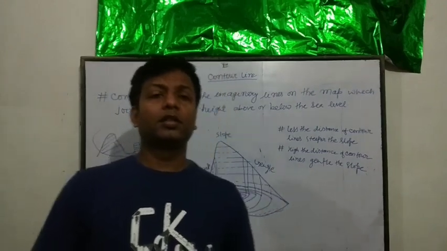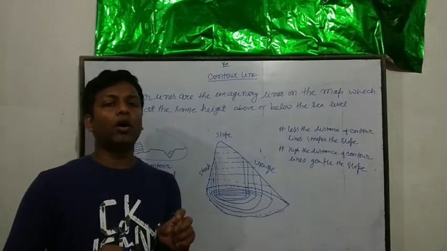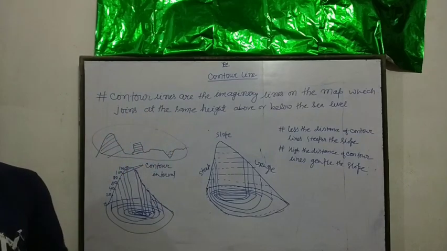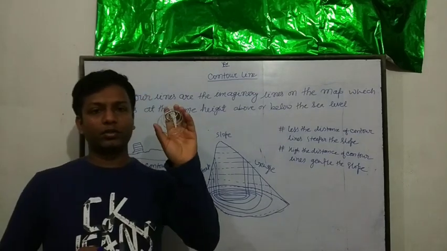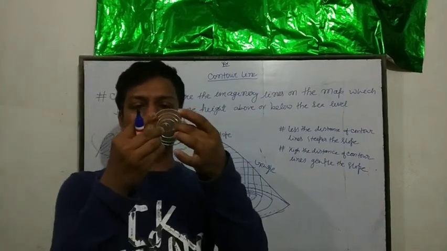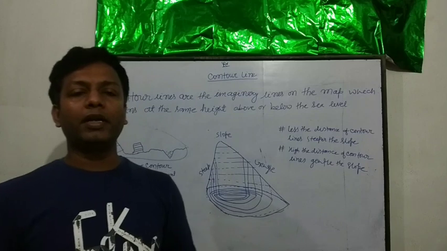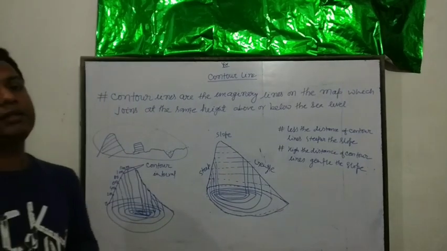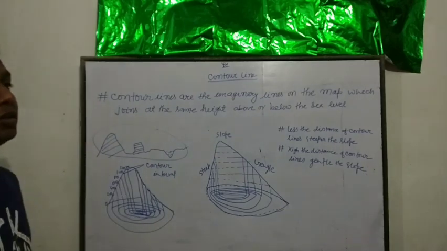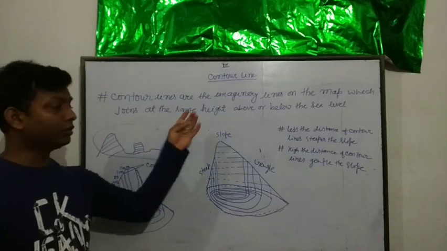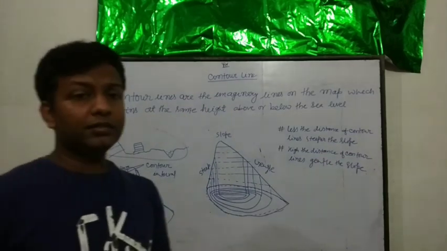For this, it is easy to draw a 3D structure on a map. We have contour lines like this. There are many structures we are going to discuss further, but in this lecture you will easily understand why we can use contour lines.